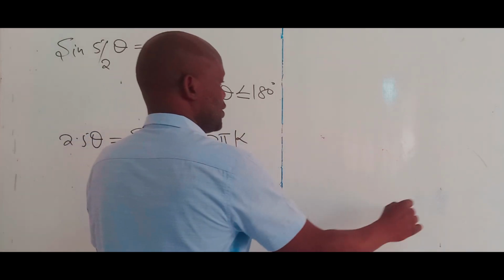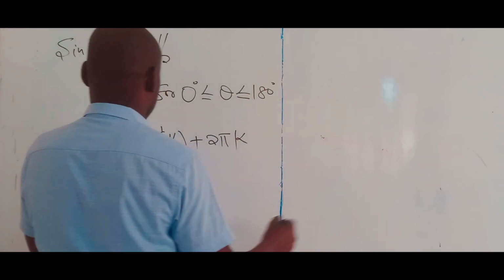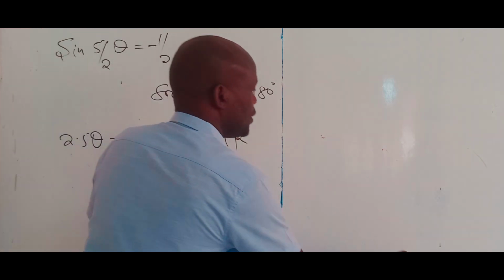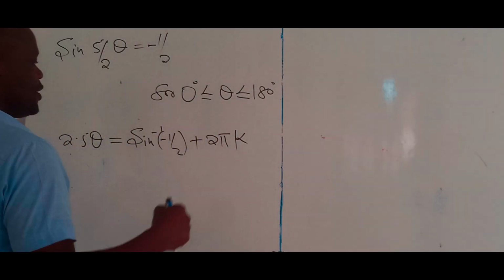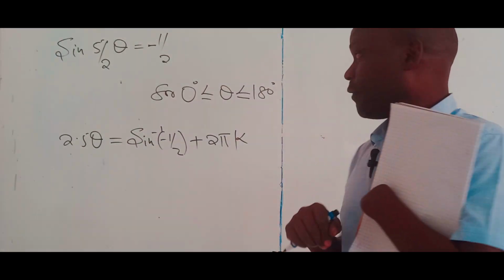It's a wave that moves like ripples of water. So k here is an integer that will represent the periods that we are referring to.